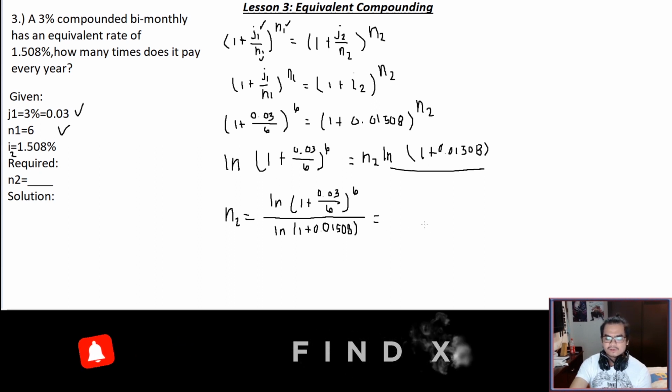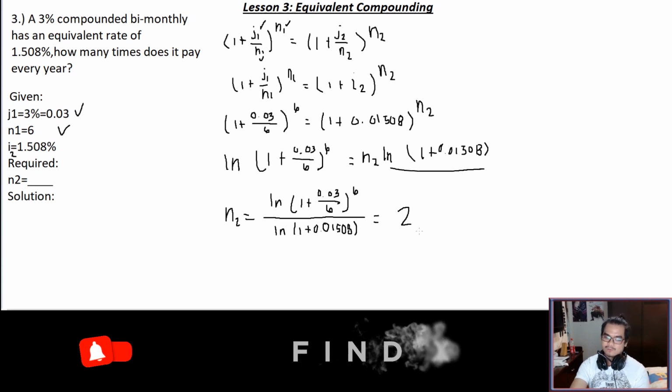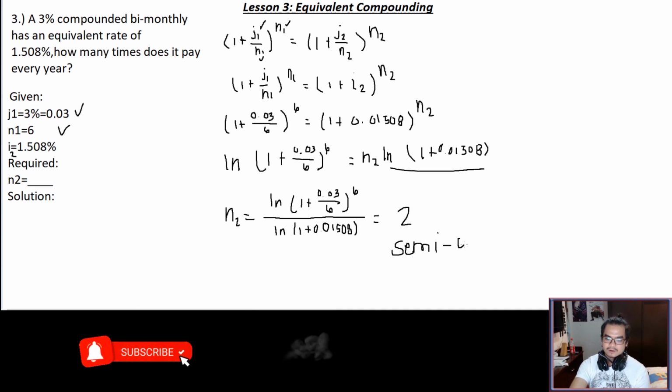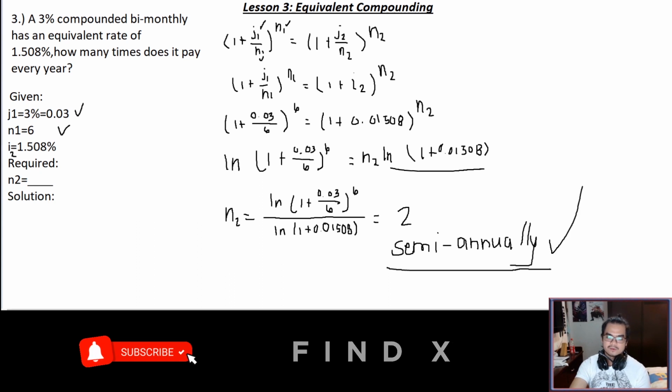I believe that the answer here is around 1.99. That's also equivalent to 2. So what method of compounding are you paying 2? That is semi-annually. Okay, so the answer is semi-annually.